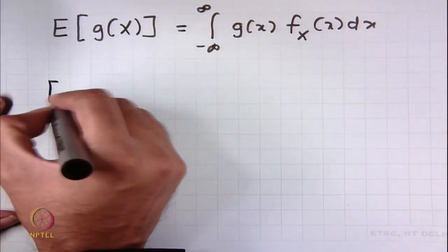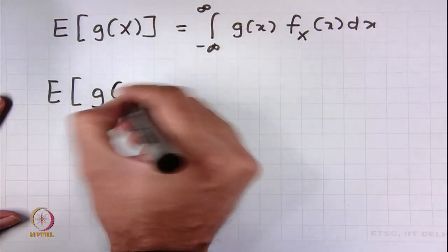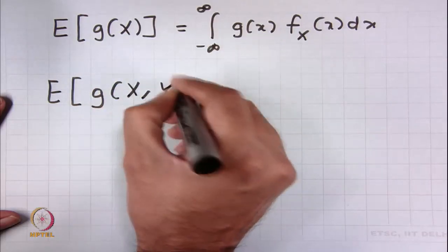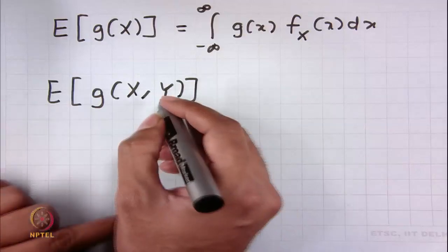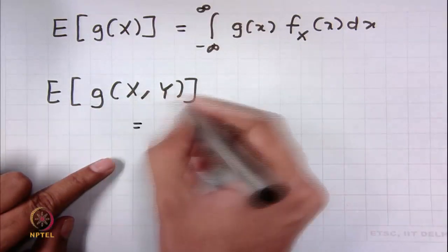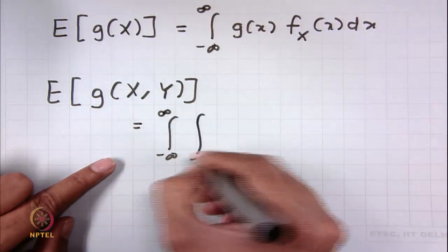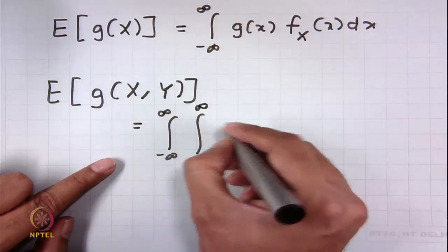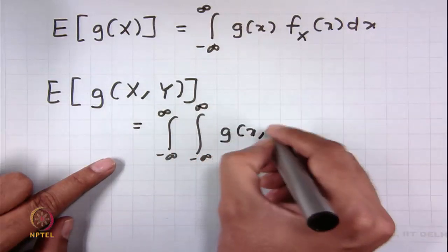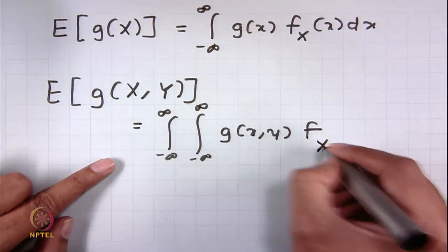In case of two random variables, for example, we can calculate the expectation operator essentially in the same way. By definition, because two random variables are involved, we need to have double integration, and we need to have joint PDFs.